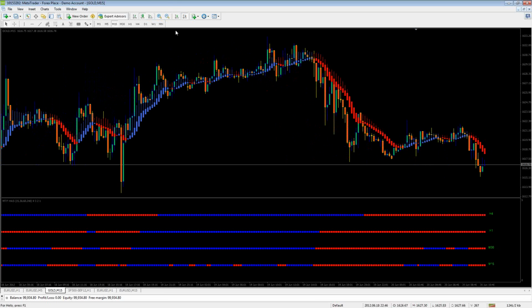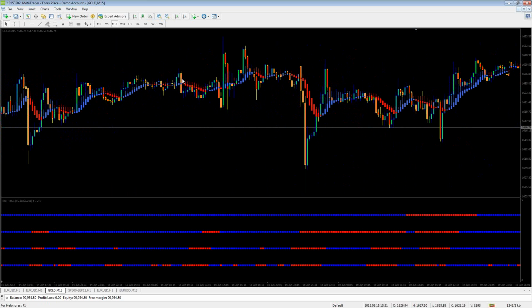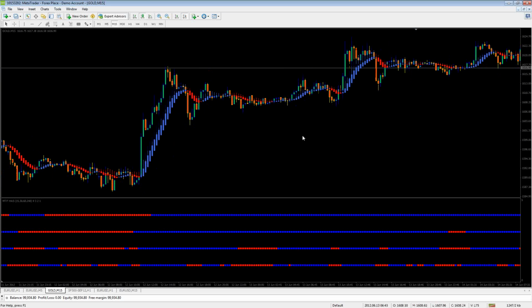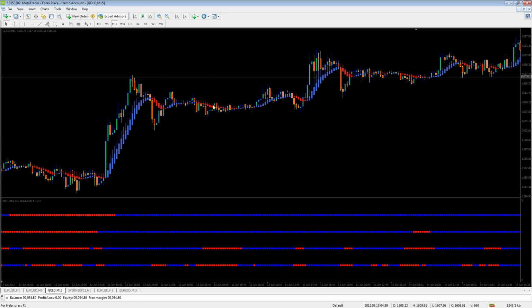Let's take a look a little bit backwards. So you can see here a strong trend, and you can see here large bodies. You can see here very small Heikin Ashi candles because there's almost no trend.